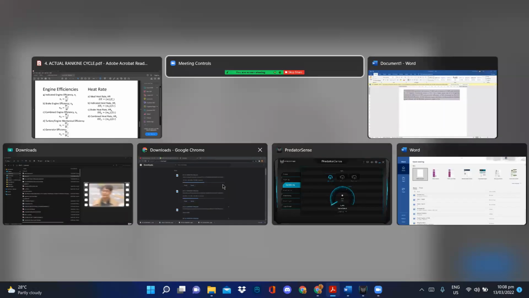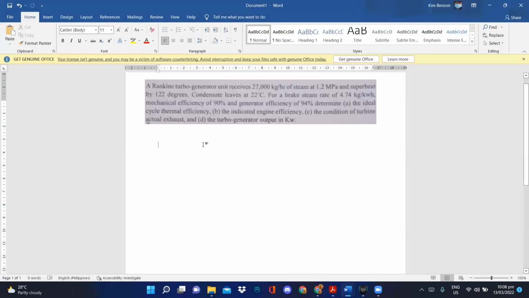Okay, let's try to solve this problem. This problem is a Rankine turbo generator unit. A Rankine turbo generator unit receives 27,000 kg of steam at 1.2 megapascal and superheat by 122 degrees. Condensate leaves at 22 degrees Celsius.